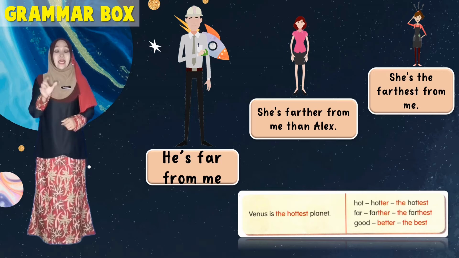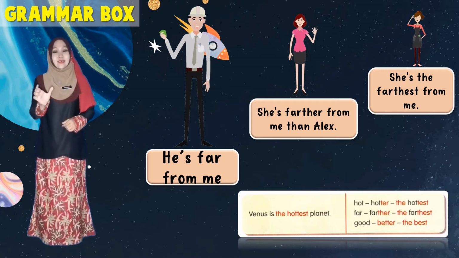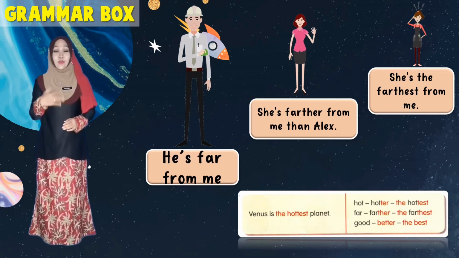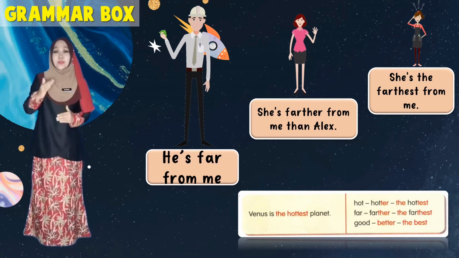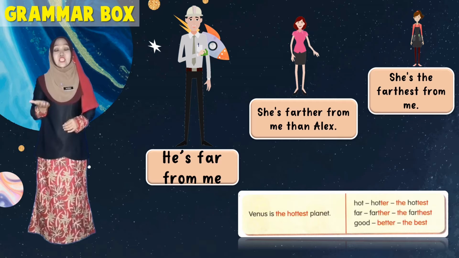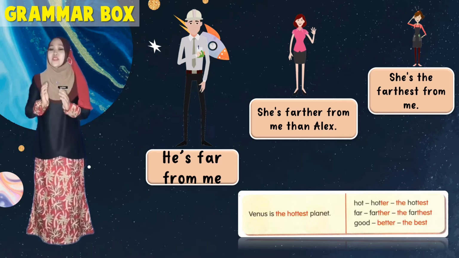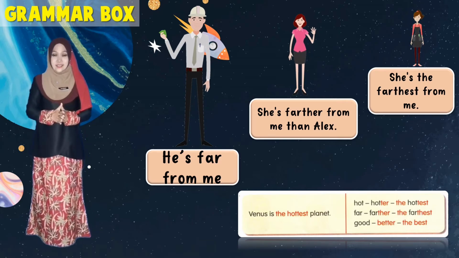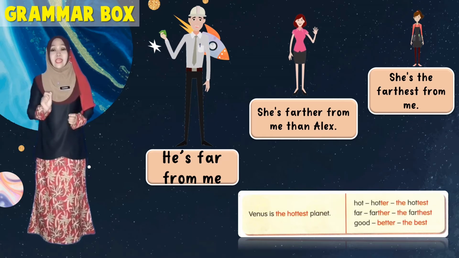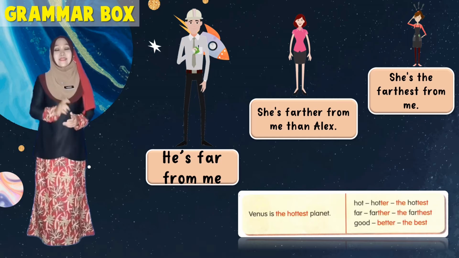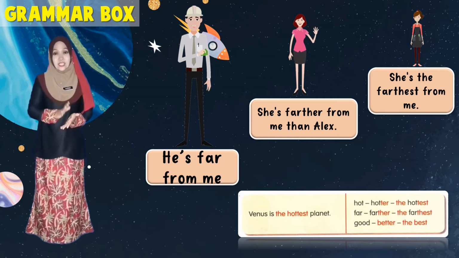Next, adjective hot. The comparative adjective for hot is hotter, and the superlative adjective for the adjective hot is the hottest. Before the adjective, we have the word the, and we write est at the end of the adjective.